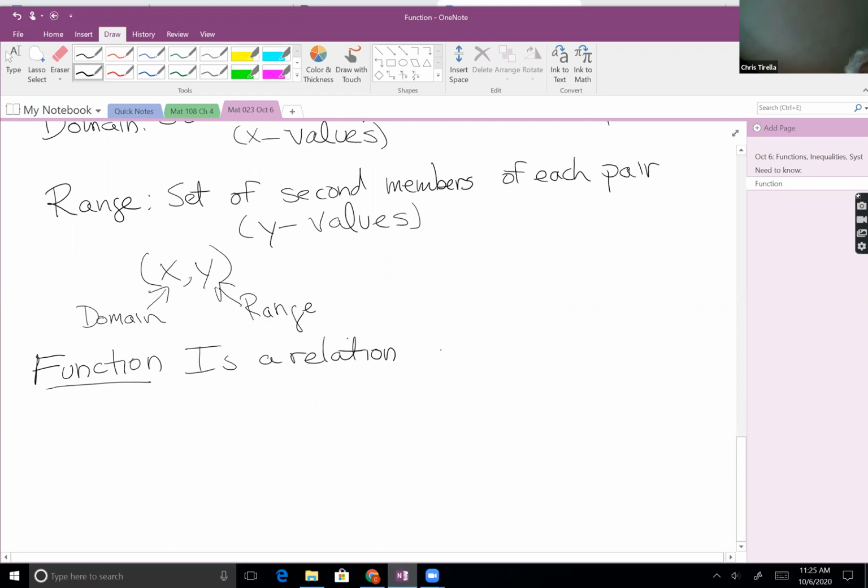It's a relation in which each member of the domain is paired with one and only one member of the range.